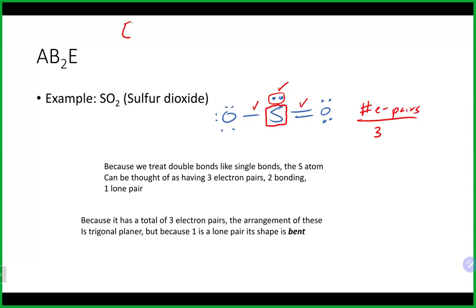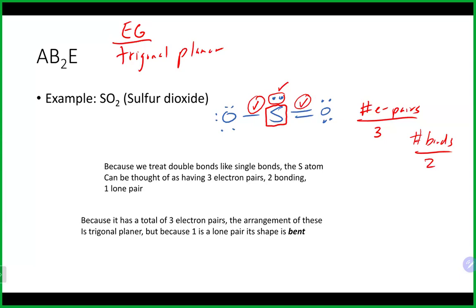As I mentioned before, the electron pair geometry name will not change. So as we saw earlier, something with 3 electron pairs is trigonal planar. Now, when we talk about bonds that it has, 1 bond and 2 bonds, again, everybody counts as 1.